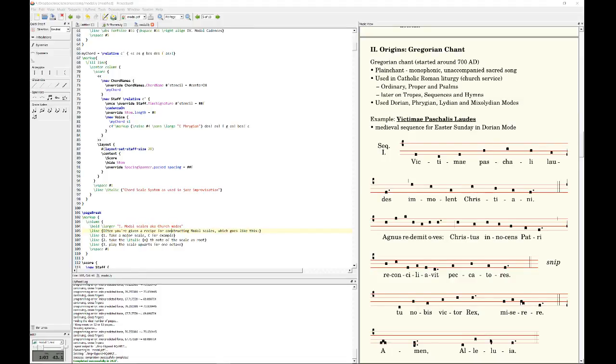This is Dorian mode, and if you're having trouble reading this, it's actually not that hard. We have a C clef, which indicates on which line we have the C. So on this line we have C, on this line we have A, F, D. We have no accidentals, so we're gonna use the notes of the C major scale.